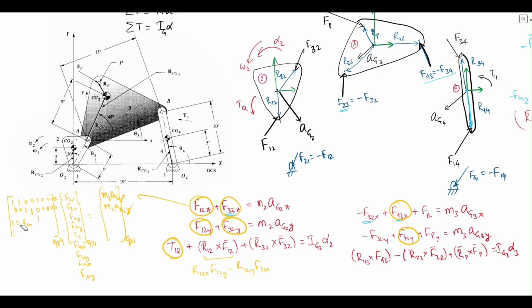For that you will see a term which is minus R12Y, and then so on. So you write all of these, so you populate this 9 by 9 matrix, and then for these unknowns you can invert this matrix and multiply by these known quantities to get the forces and the torques.